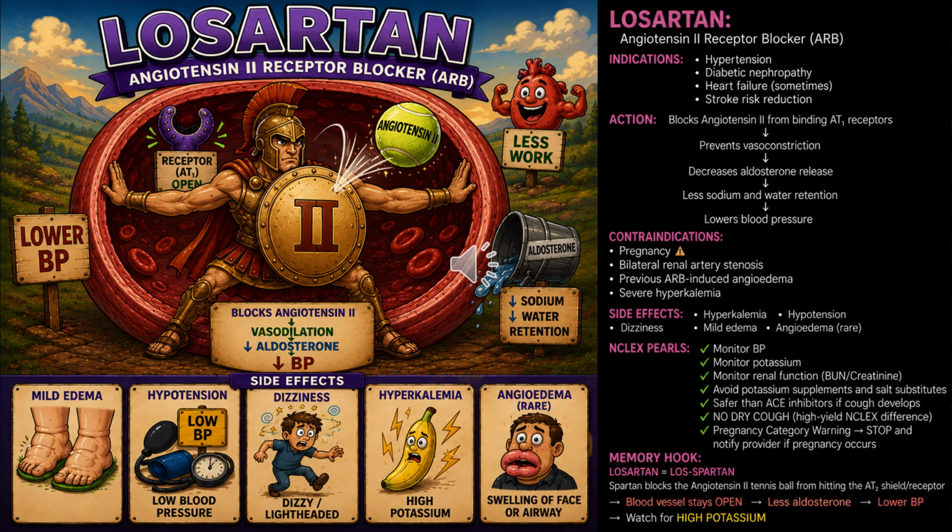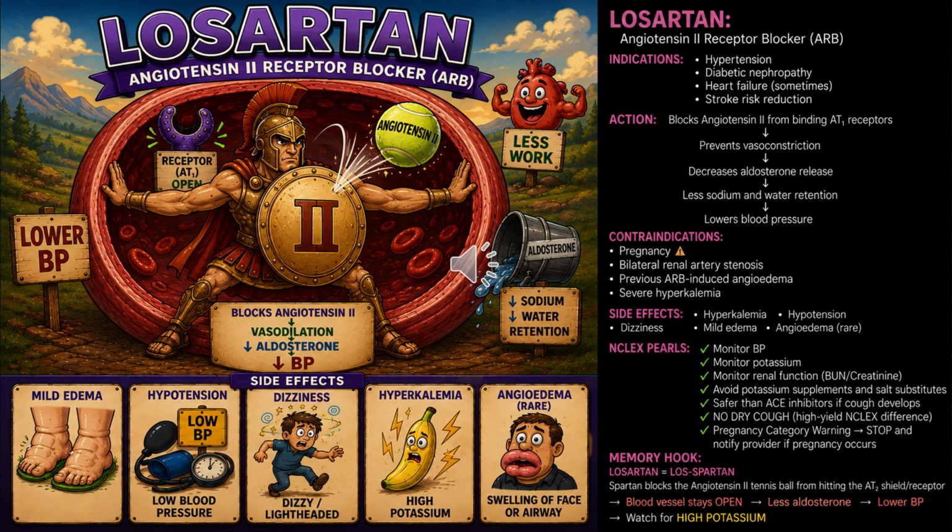What's going to happen to their blood pressure? Low blood pressure. So we're looking at hypotension, dizziness, lightheadedness, orthostatic hypotension, which means we need to educate our patients on signs and symptoms of hypotension, signs and symptoms of orthostatic hypotension, and how to deal with it.